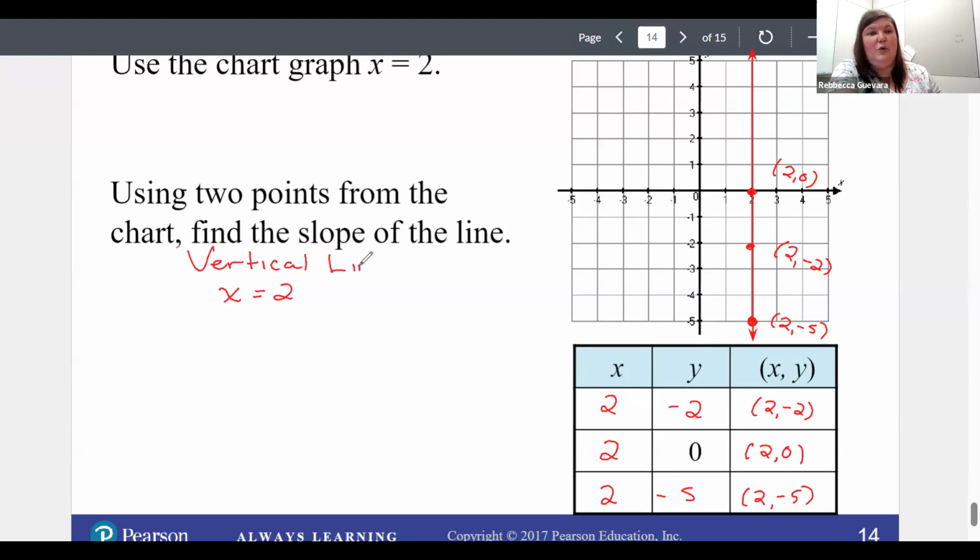So vertical lines are always something where you have x equals a number. If I had x equal to -3, then that would be this line over here. I just have to make sure I pass through x equals -3. And once again, we brought this up with the axes.